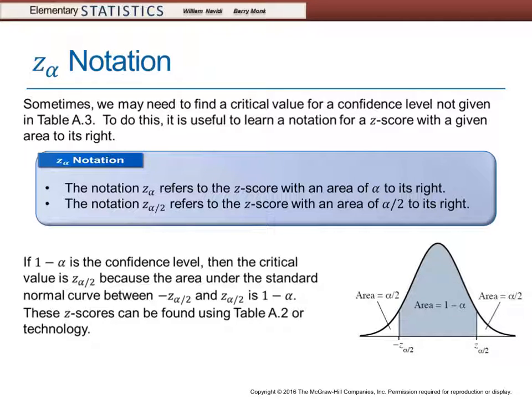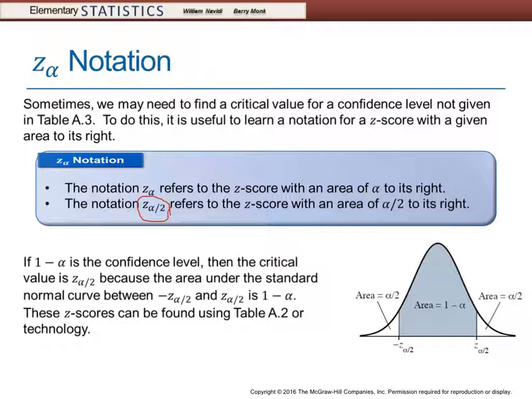You can see in the picture we have z alpha over 2, and typically for confidence intervals, because there's an upper bound and a lower bound, we'll be referring primarily to this notation of z alpha over 2, so that the area we're looking at is to the right of alpha over 2.